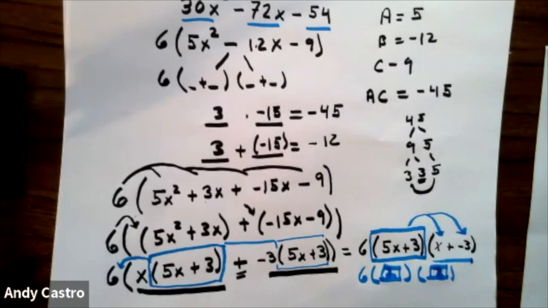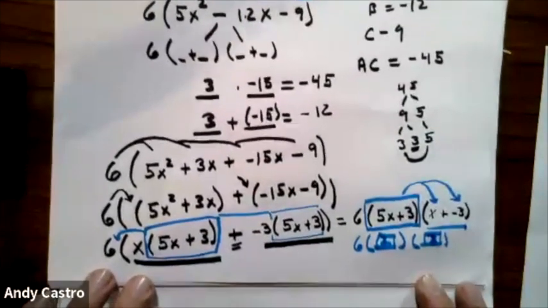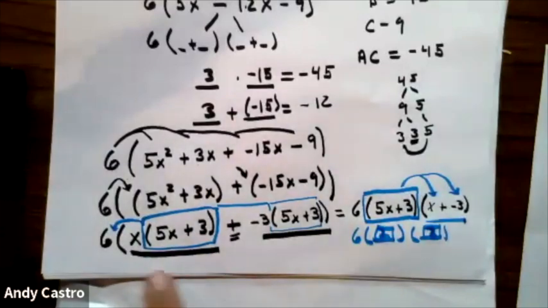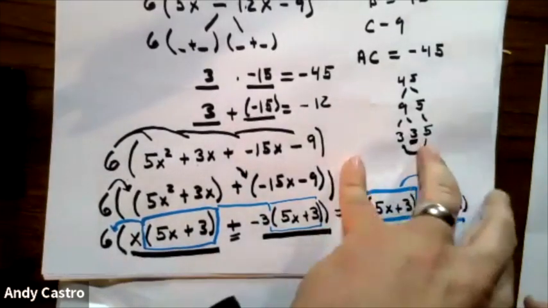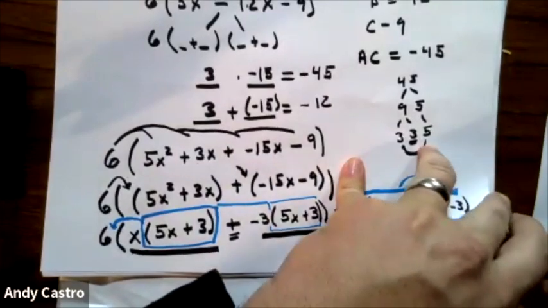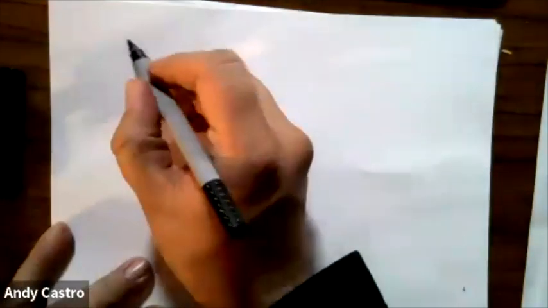All right, so I have someone saying, hey, I don't know how you're getting the x plus negative 3. Very good question. So let me rewrite from right here. Let's see if we can clear this up a little bit.